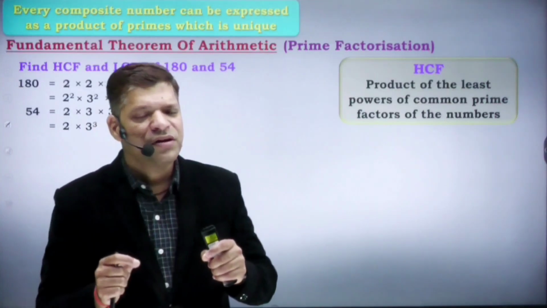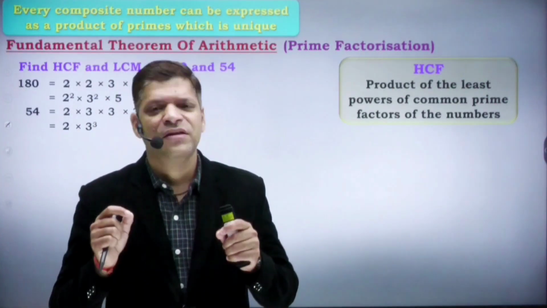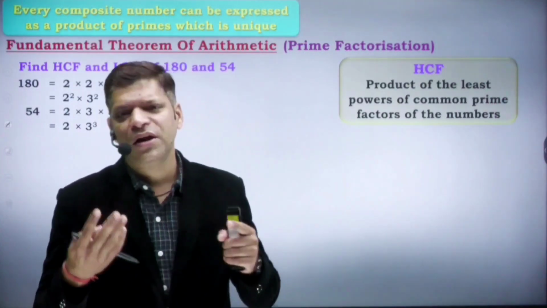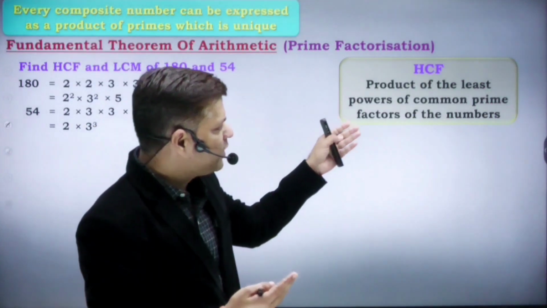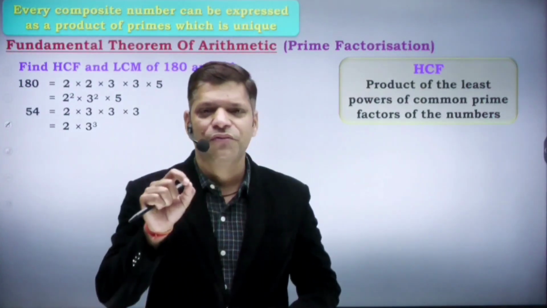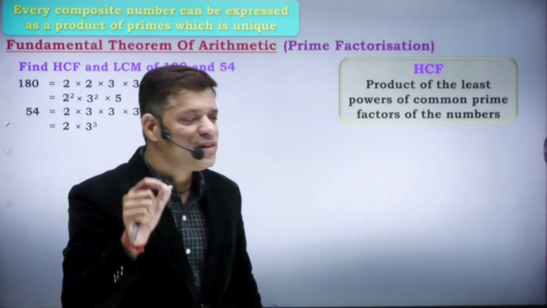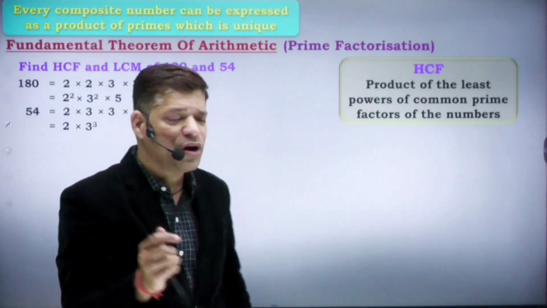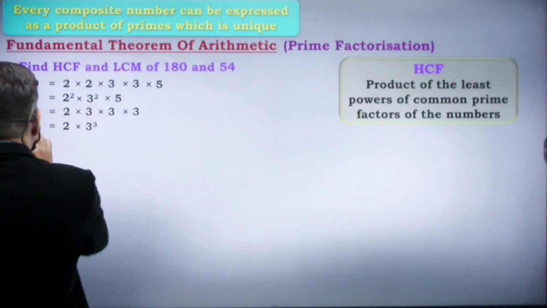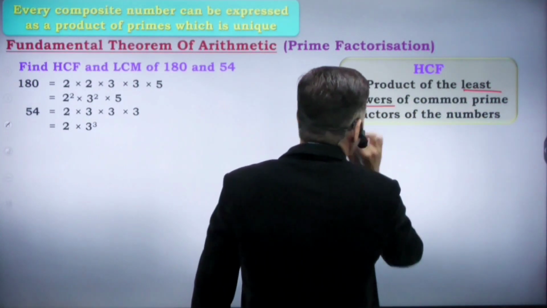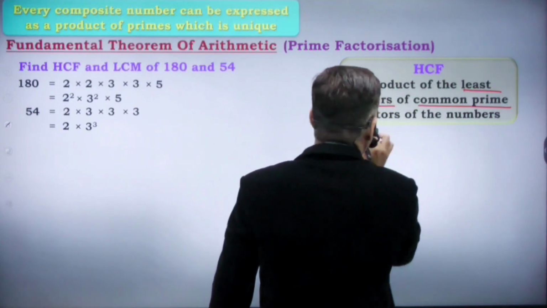The numbers for which we find the HCF can be two or more than two. Firstly we find their common prime factors with the least exponent. So two points are very important: the first is the least exponent and the second is the common prime factor.